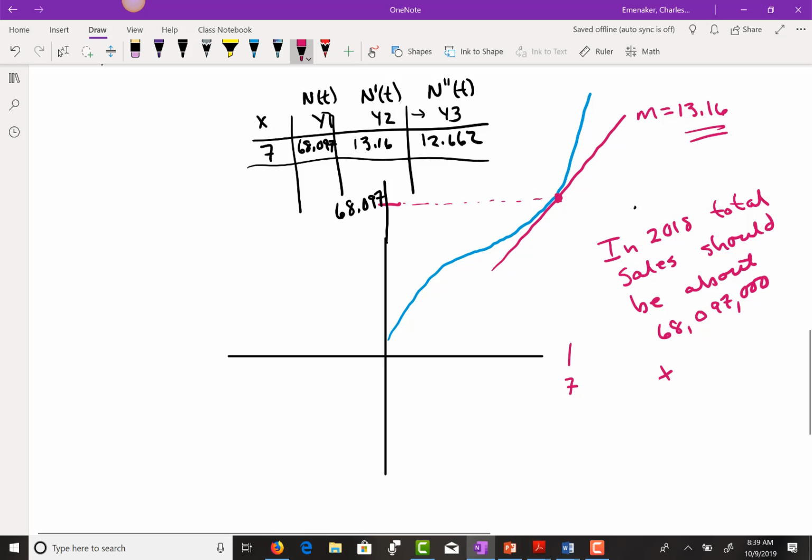Well, they're going to go up by this much. 13,160,000. So, in 2018, we better have production capacity lined up to make. Okay, we're going to have an 81 there. We're going to have, this looks pretty easy, 257,000. We need to have production capacity for over 81 million iPads.